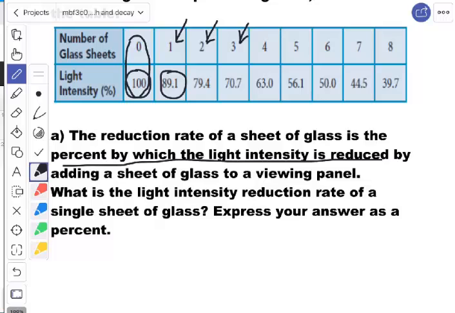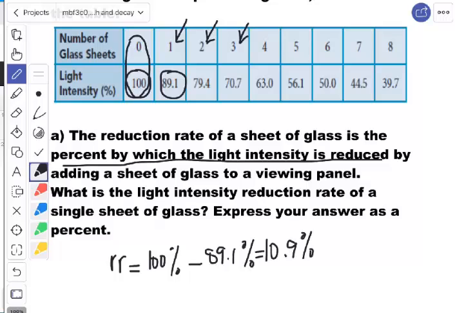So we say that the reduction rate, let's call it RR, is 100% minus 89.1%. If we do this subtraction, we find that this is 10.9%. So the reduction rate for this example is 10.9%.